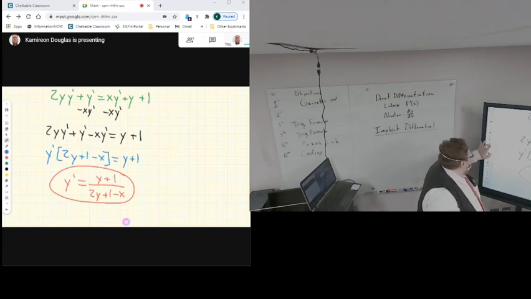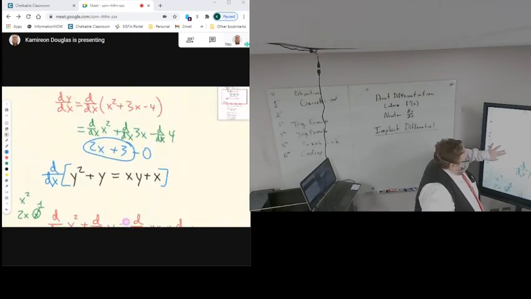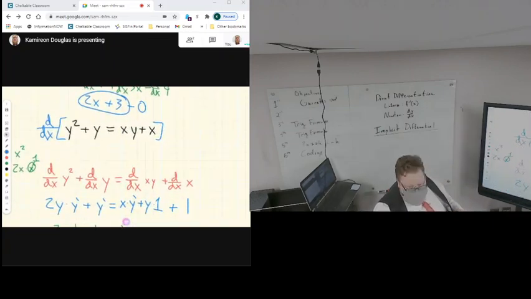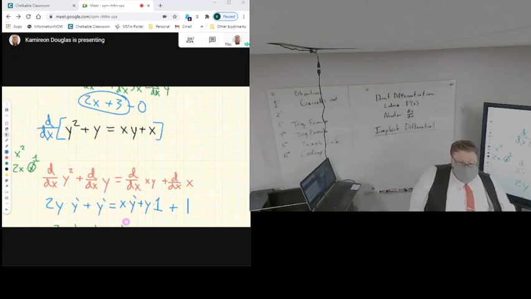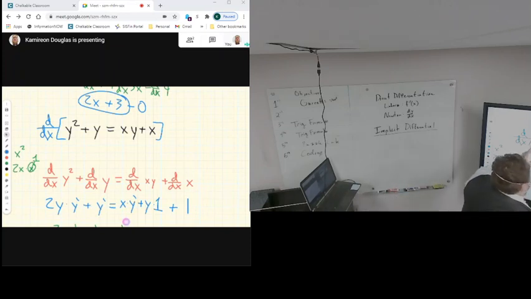Go back. Here. This is my original equation, right? Y squared plus y equals xy plus x. This is not a function. What do I mean? From Algebra 2, the definition of functions, it must pass the vertical line test. This fails. Let's pull the function up. That can also be helpful here.